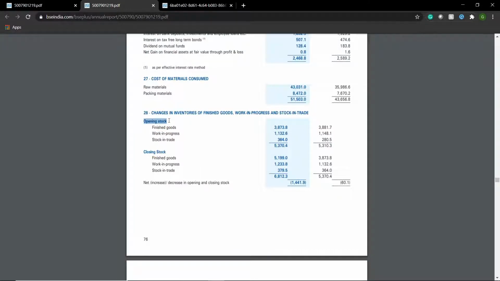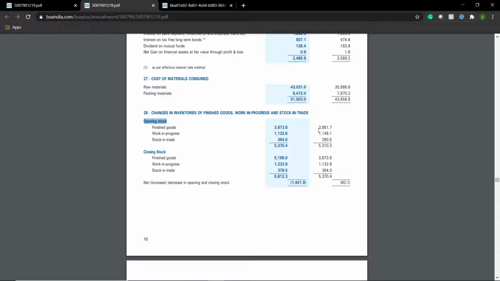Now what is this opening stock? Opening stock is the amount of material or product that the company has on the first day of the financial year, that is 1st April, or in this case 1st January, and this is represented over here.